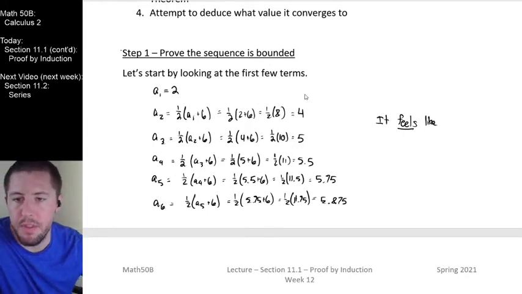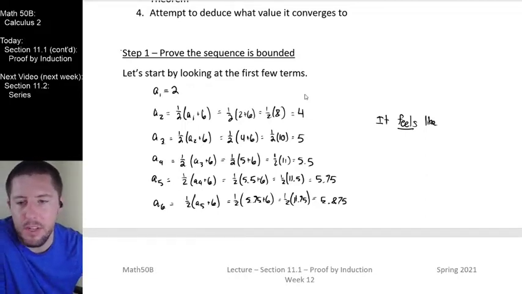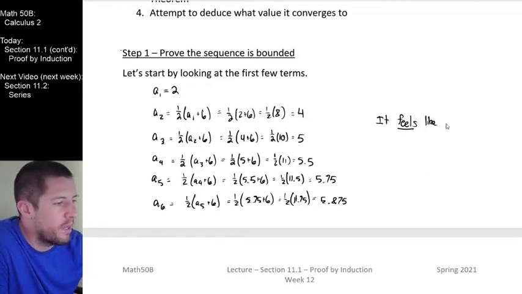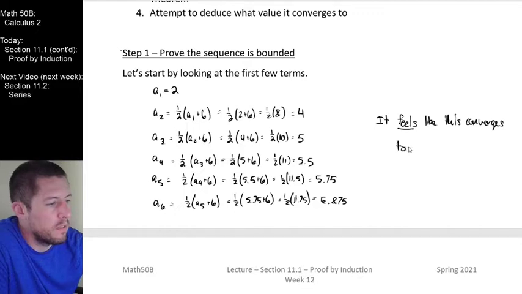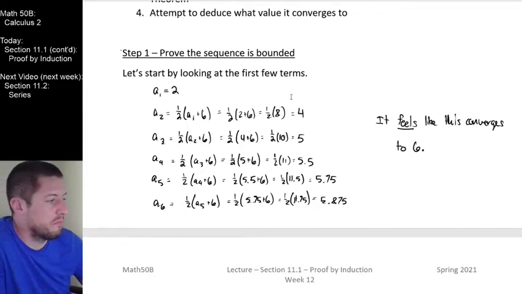I think I do want to prove that this thing converges rather than diverges, but it's not clear to me that it does. But after I've done a little bit of computation, I could see it. You could talk me into that without any formal statements. So I'm saying it feels like this converges to 6. Or at least like it's bounded above by 6, I should say.